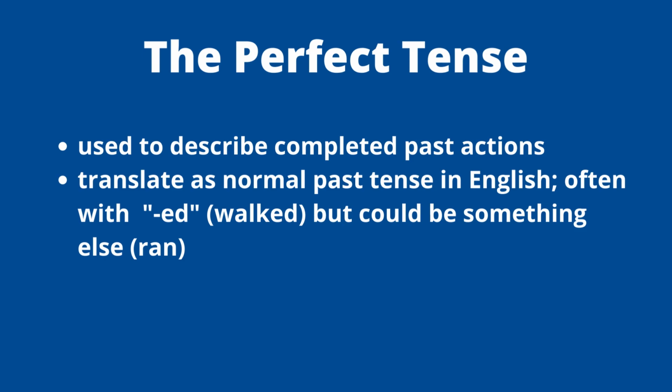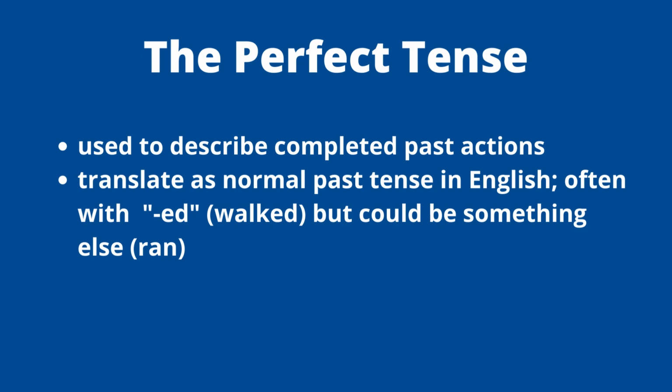Again, the perfect tense is really about that completed past action. We translate it pretty much how you would do a general past tense in English. If you can think of what the past tense of your verb is, that's really what perfect will be. For instance, if I was looking at the verb to walk, I would say I walked for perfect tense. I wouldn't say I was walking, that would be imperfect, but just I walked.